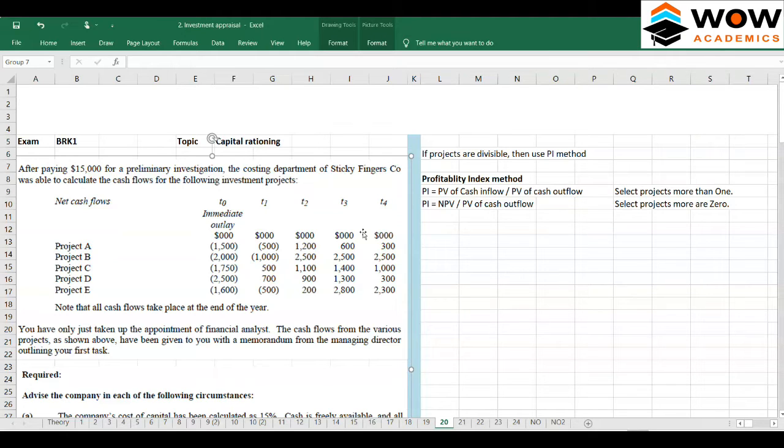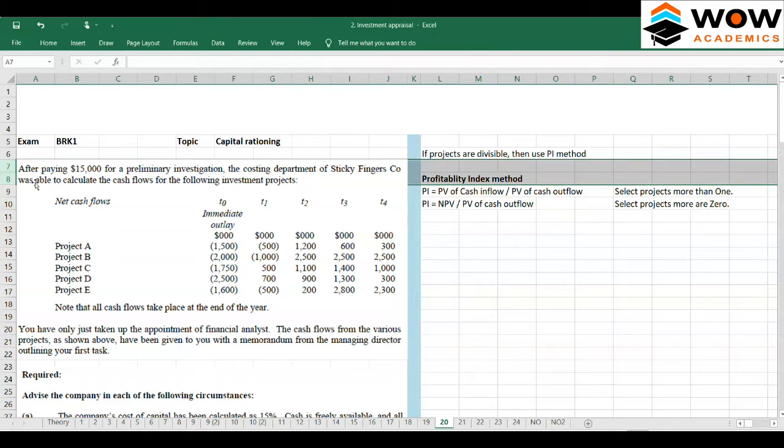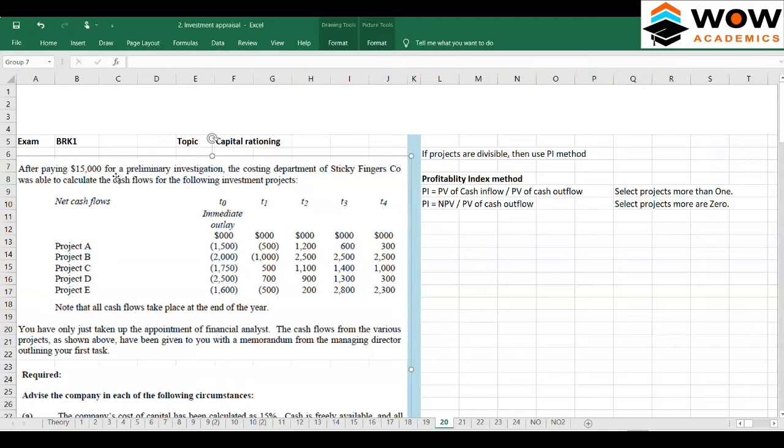So we'll read the question from here, so we'll get an idea. After paying $15,000 for a preliminary investigation, the costing department of Sticky Fingers Co. was able to calculate the cash flows for the following investment projects. The net cash flows are for projects A, B, C, D, E. They have T0 immediately, which is the capital investment they have to make, and these are the cash inflows.